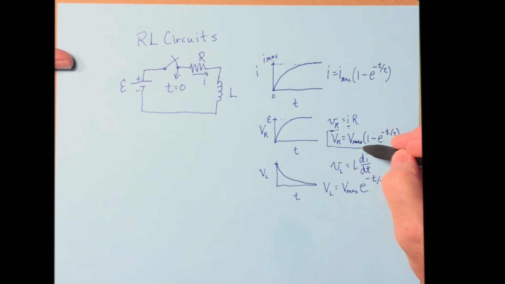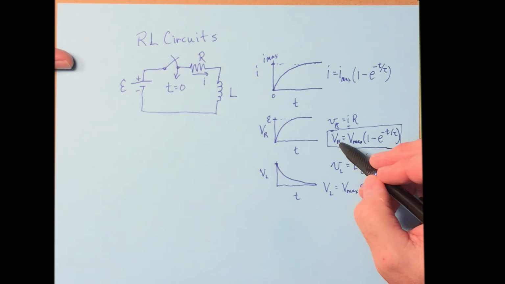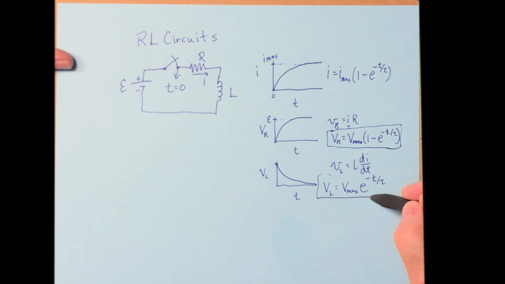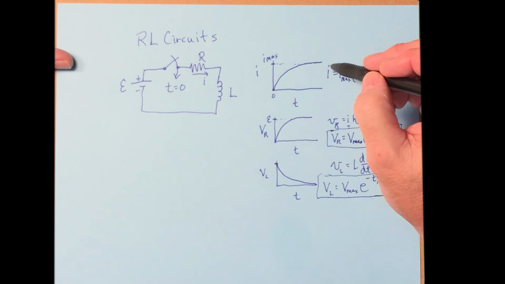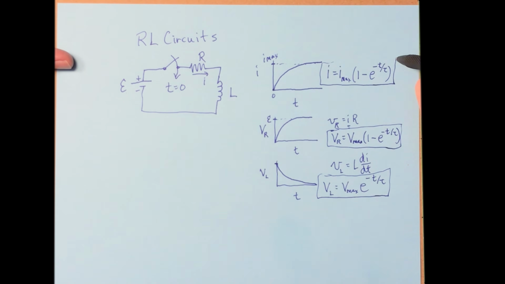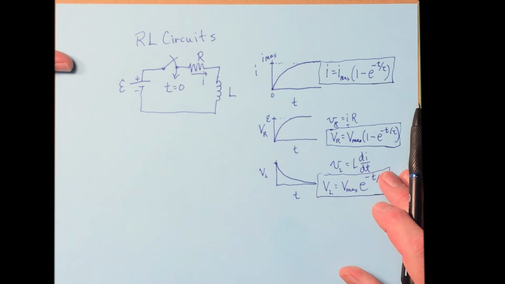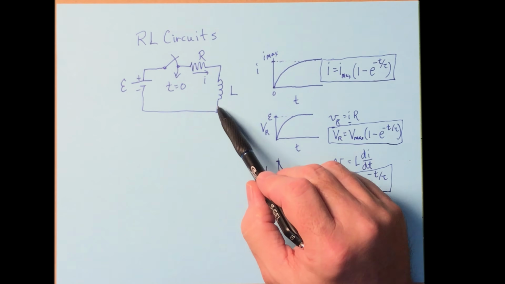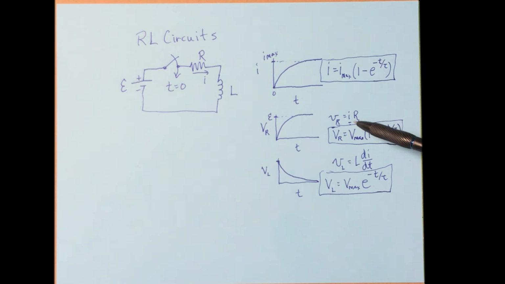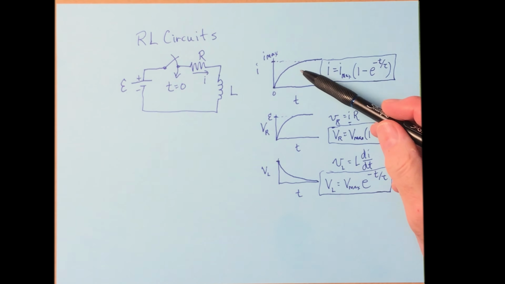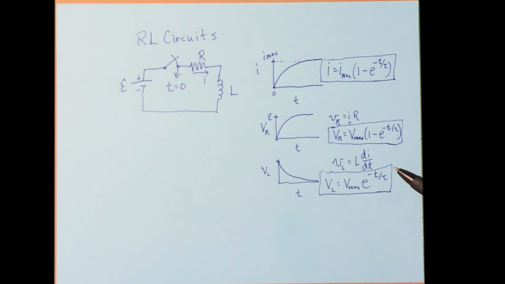So this is the general form of the equation for the voltage across the resistor, this is the general form for the voltage across the inductor, and this is the general form for the current through everything here. We figured that out just by reasoning how the voltage across the inductor and the current are going to behave. So far we've really applied no mathematics to this. We just figured out what these graphs should look like.